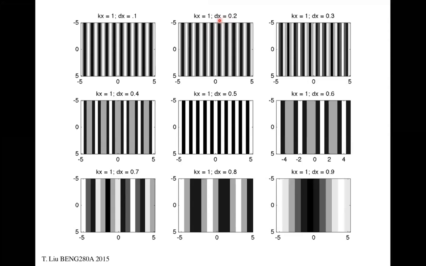If I drop my sampling rate, or I increase my sampling period, delta x, to 0.2, the function looks like this now. It's still a reasonable representation of a sine wave. I have a peak, a trough, and a peak, and they're occurring at the correct position, and everything looks okay. So one assumes I'm adequately sampled with a delta x of 0.2 and a kx of 1. So you can kind of guess where we're going here.